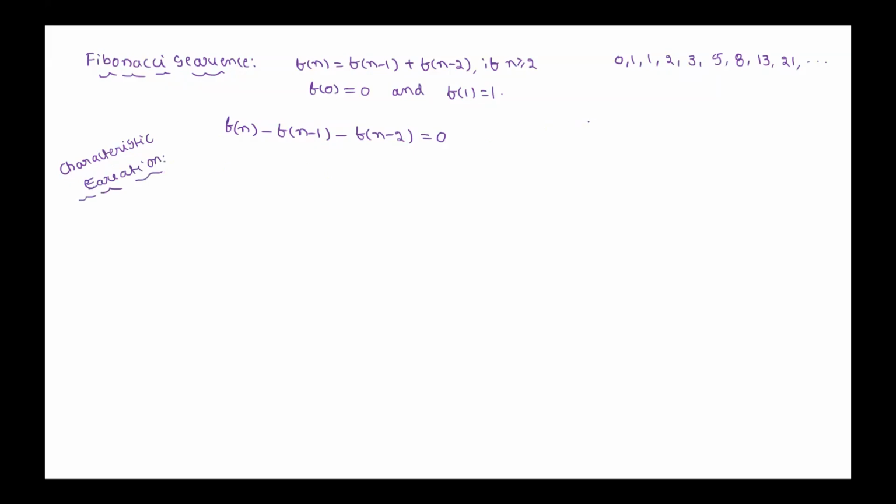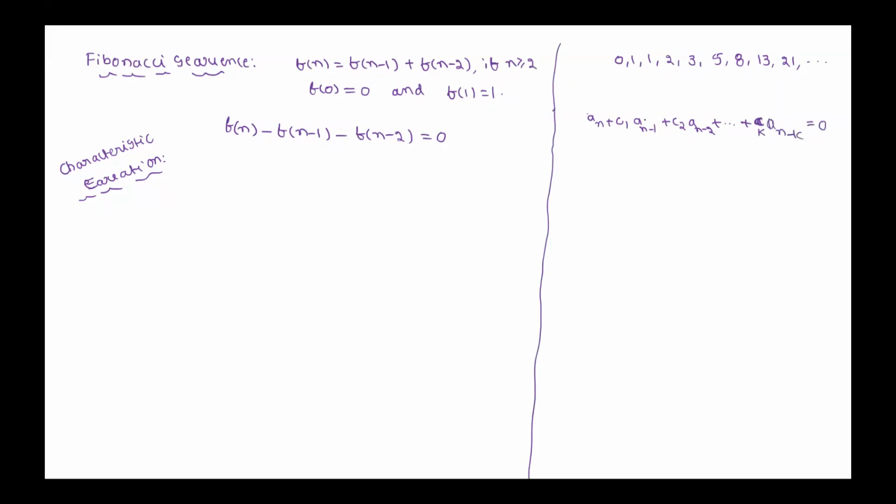In general, say we are given a recurrence: an plus some constant c1 into an minus 1 plus some constant c2 into an minus 2, and so on, plus some constant ck into an minus k, equal to 0.